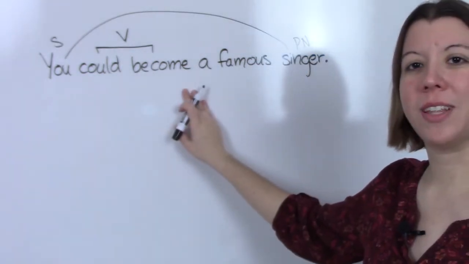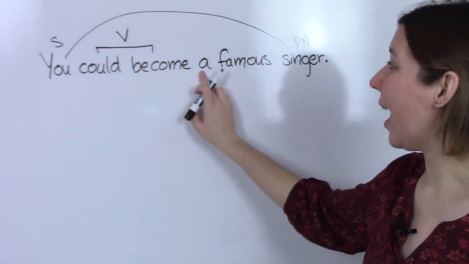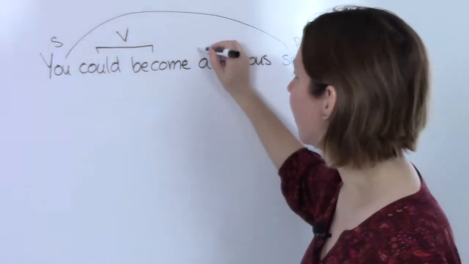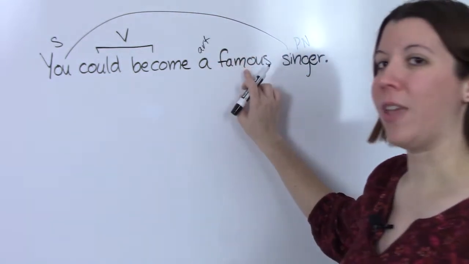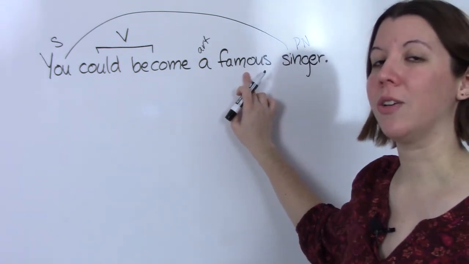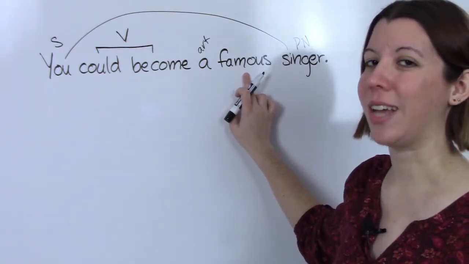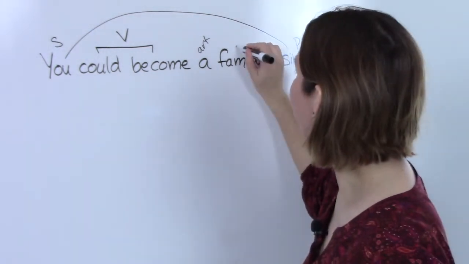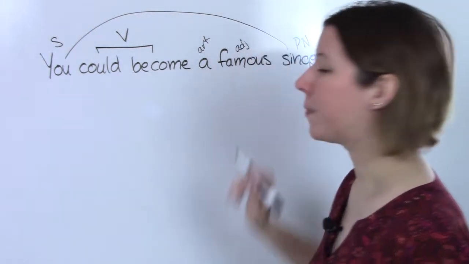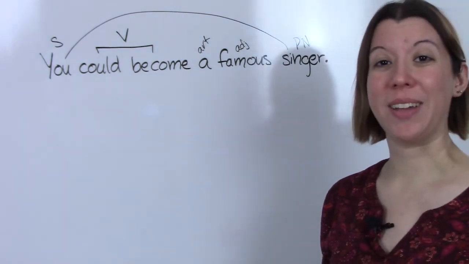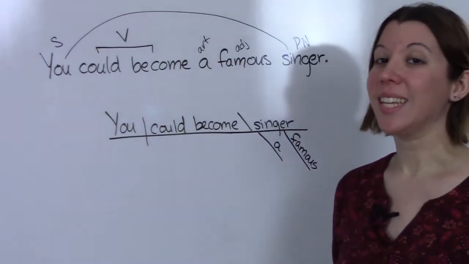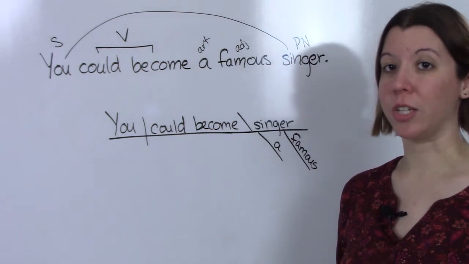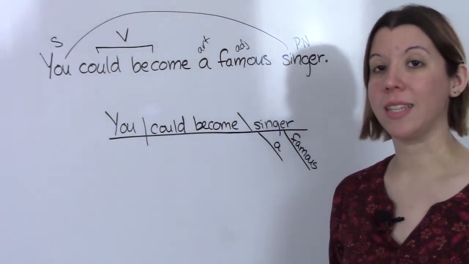Now I go back and fill in the words that I left out. A is an article, and famous says what kind of singer you could be. It's an attributive adjective. Remember, we label it ADJ. Now I'm ready to diagram. It doesn't matter where the attributive adjectives or articles are in the sentence.